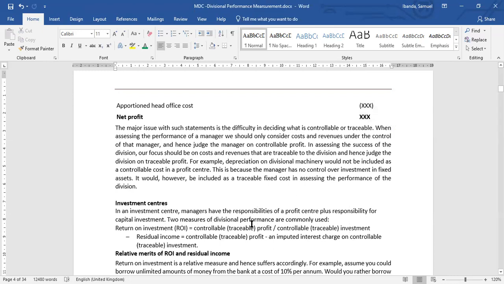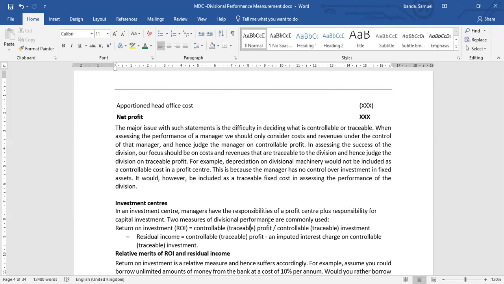Now, under the investment center, remember, these are divisions that are allowed to, let's say, purchase fixed assets. In general, they're allowed to make investments. And this is where the two evaluation measures come in: return on investment and residual income.